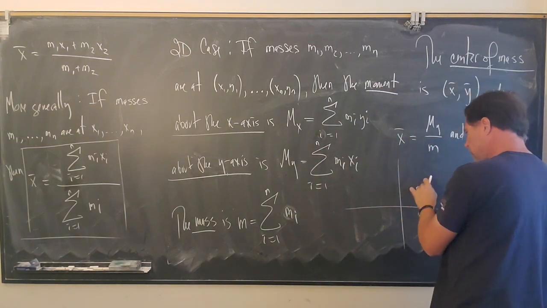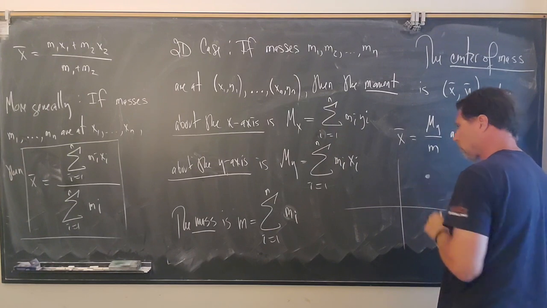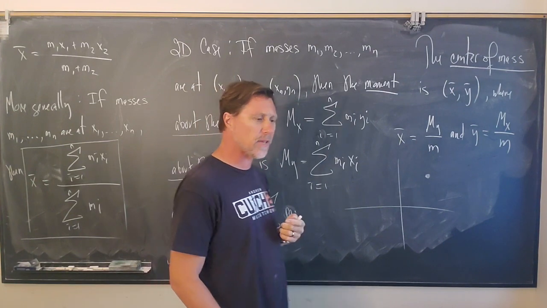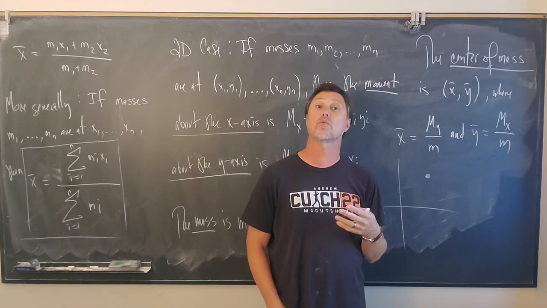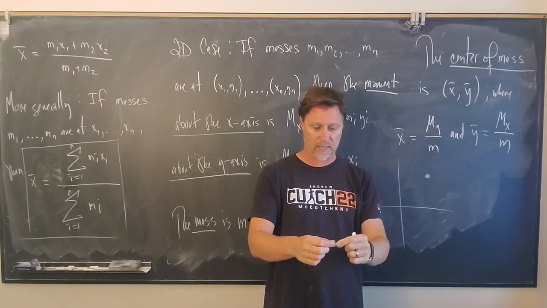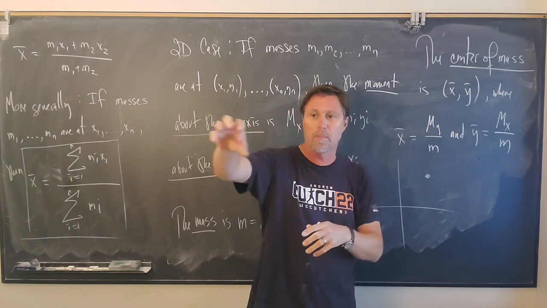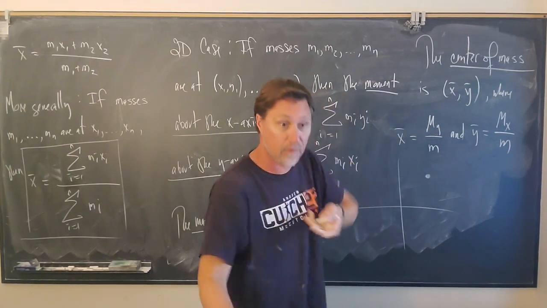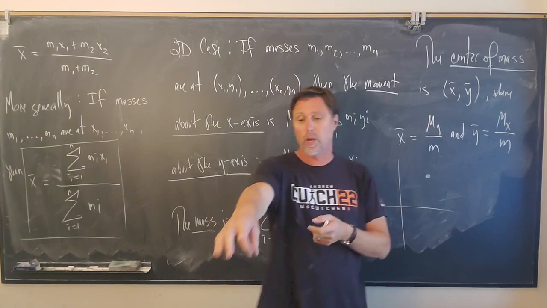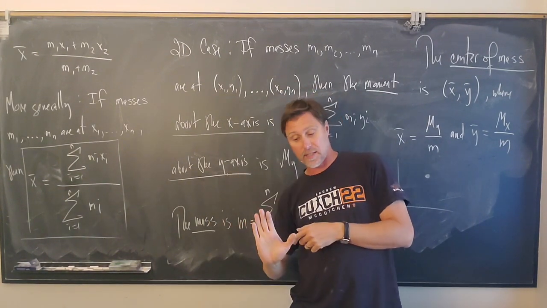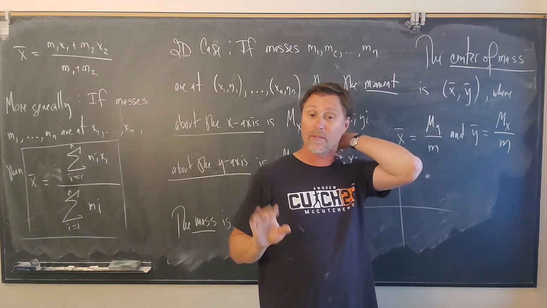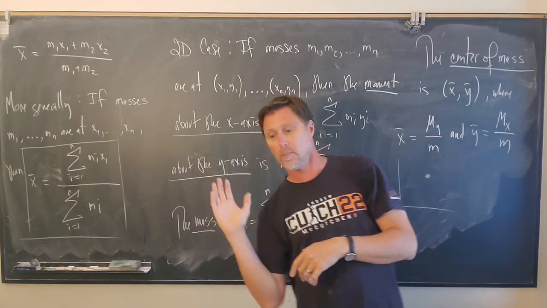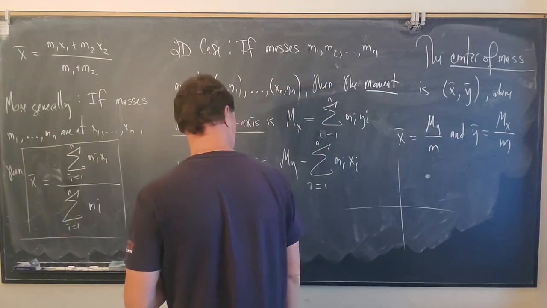Now, one more thing I want to point out. When we're computing the moment about the x-axis, you can think of the moment about the x-axis as its tendency to rotate with respect to the x-axis, right? So if the x-axis is moving in this direction, if you put more mass in front of the x-axis than behind it, what's going to happen? Well, it's going to tend to rotate forward, right? If you put more stuff behind the x-axis, then it's going to tend to rotate backwards. And so you would get a positive moment in the case that it's going to rotate towards the front, and a negative if it's going to rotate backwards.